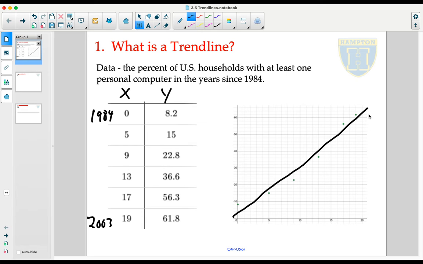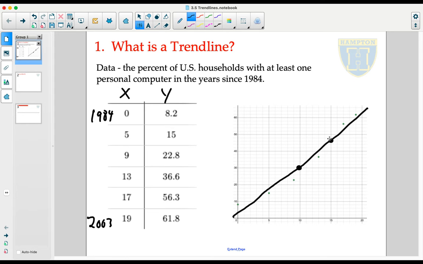Now, if you wanted to determine the equation of that line, there really are two different tacks you can take. Tack number one, which is the one we're not going to do, is you try to identify points that you drew through. So maybe I have a point right here, and then maybe I have another one right about here that I might be able to use.